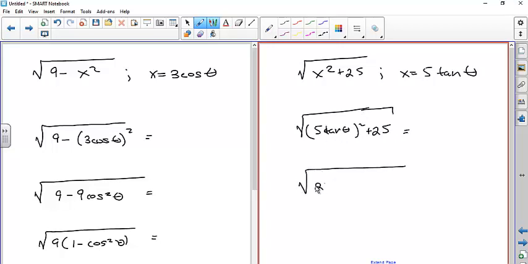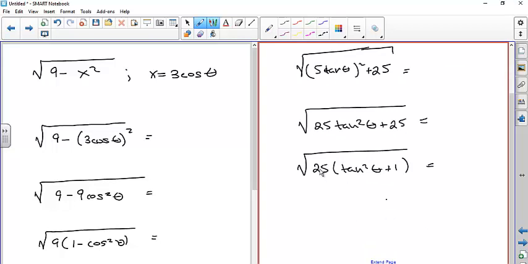If we square tangent, we get tangent squared. Then we add 25 to it, our second term, and again, we can factor out the 25. So we have 25 times tangent squared theta plus 1.